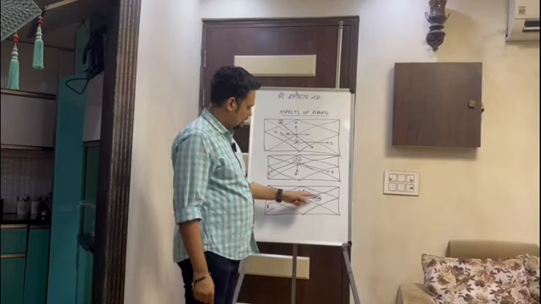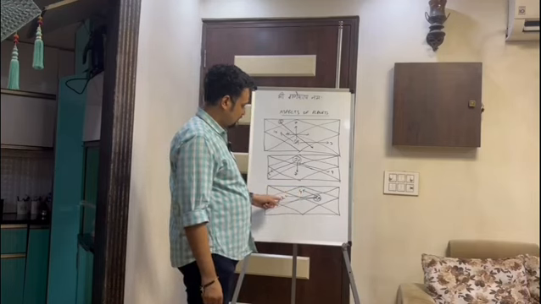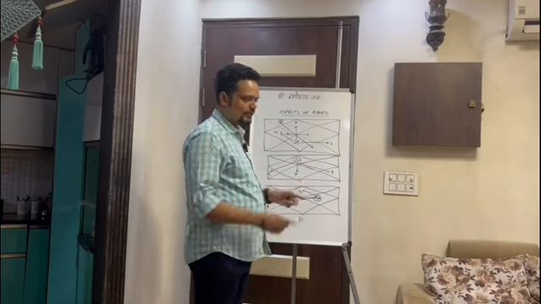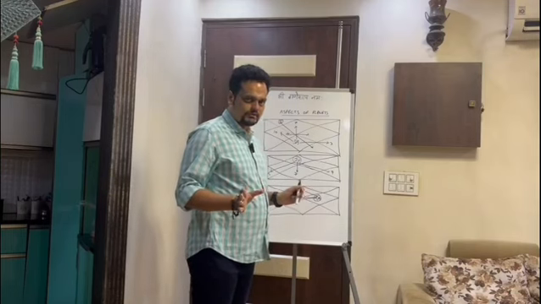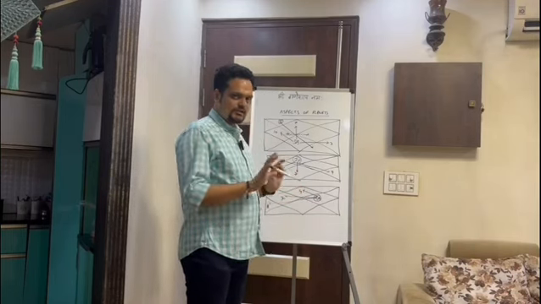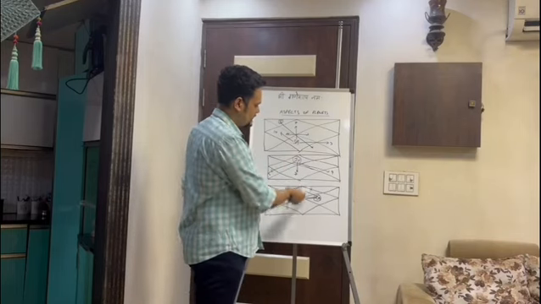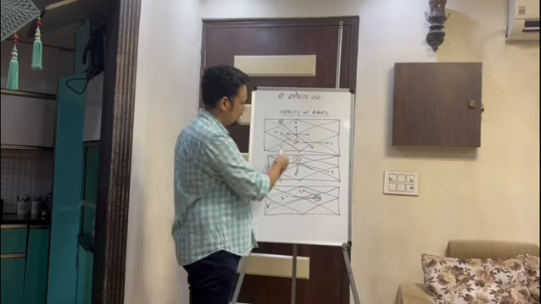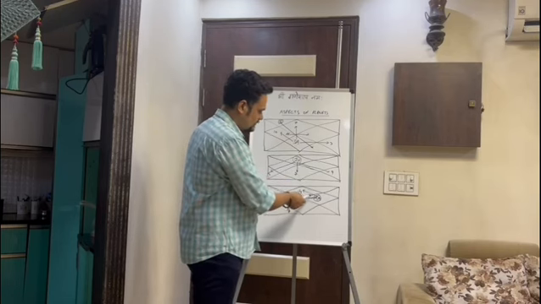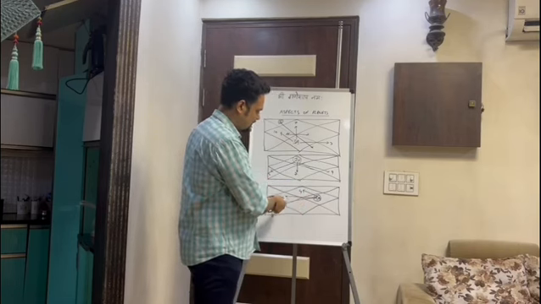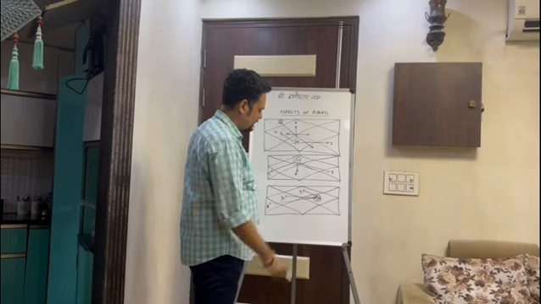Then afterwards it has the 7th. The 7th aspect is generally common for all the planets, but these 3 planets are very special and have special aspects. So this is the 7th and this is the 8th aspect of Mars.